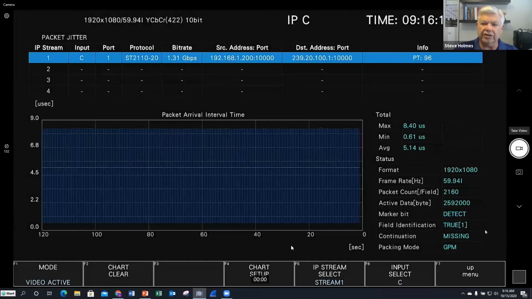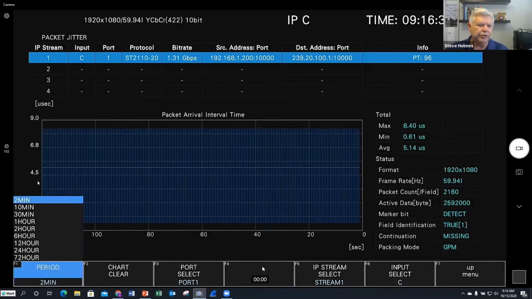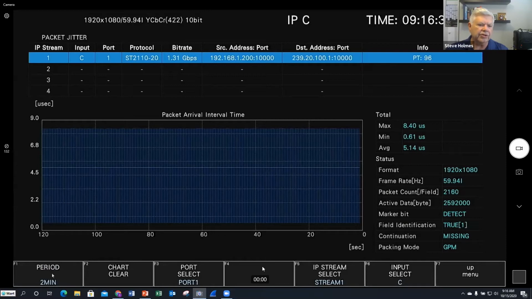So here's actually a live system, and we are looking at my spread on this particular system, and it's working very nicely. And as Kevin said, if we go into chart setup here, we can look at from a 2-minute window out to 72 hours.